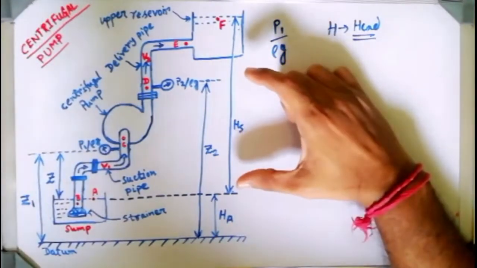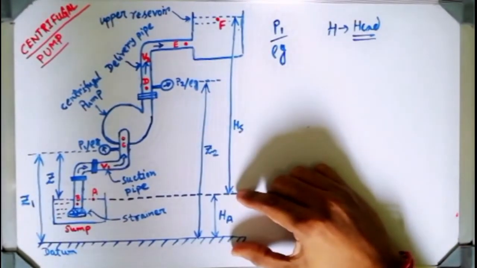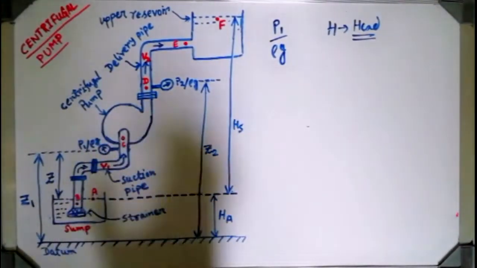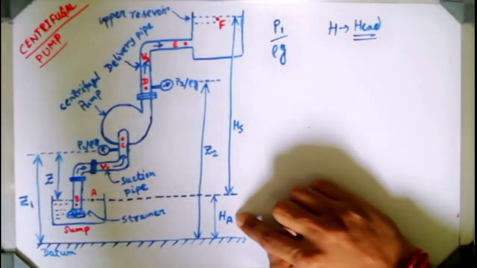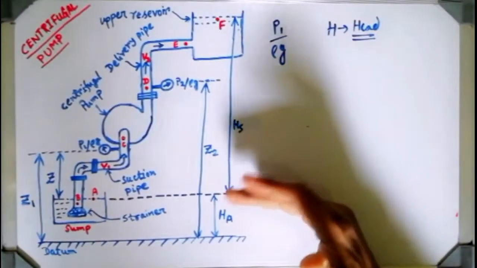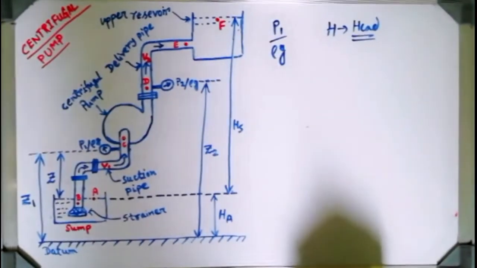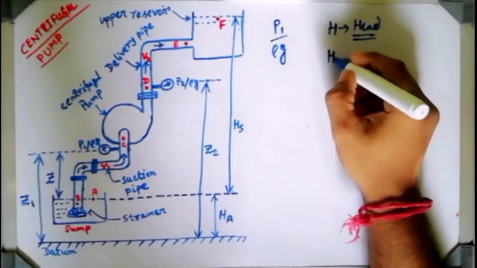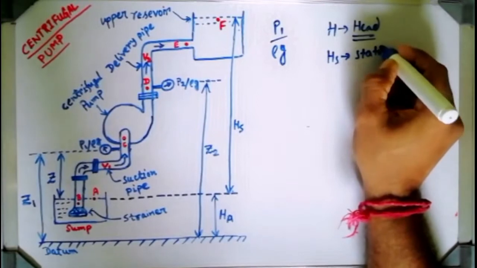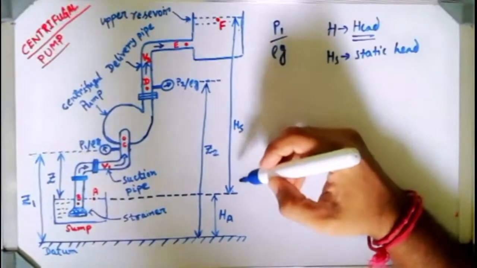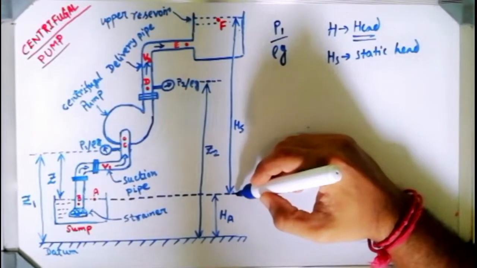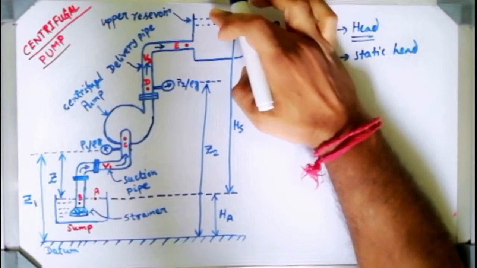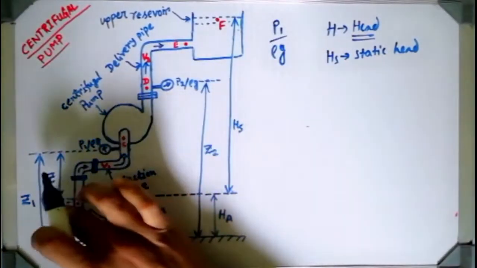Same thing here, HA is representing a head. Which head? From the datum surface up to the top level of the sump water, that is represented by HA. I am using different nomenclature, and I will use them as such. H is actually known as static head, and static head represents the distance between the top surface of the upper reservoir and the top surface of the sump.